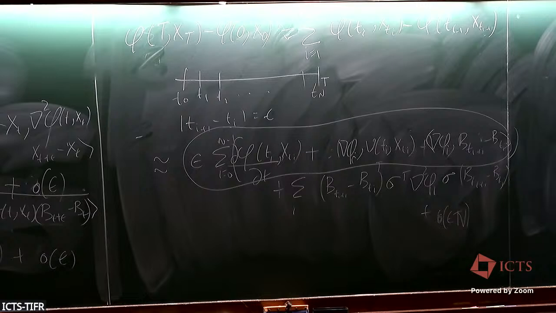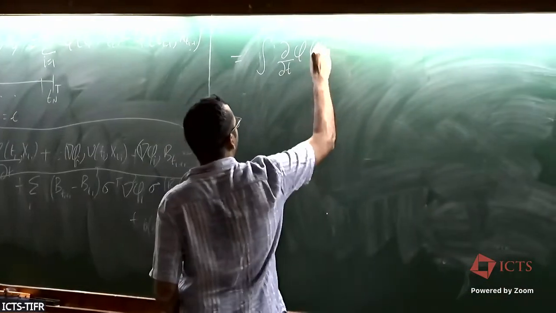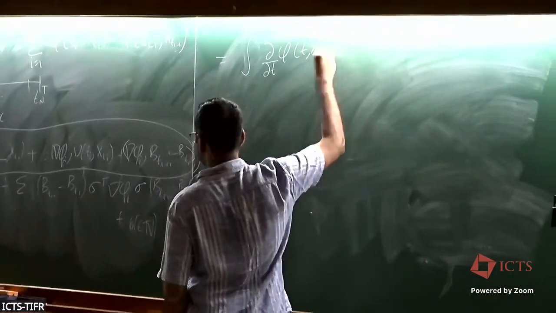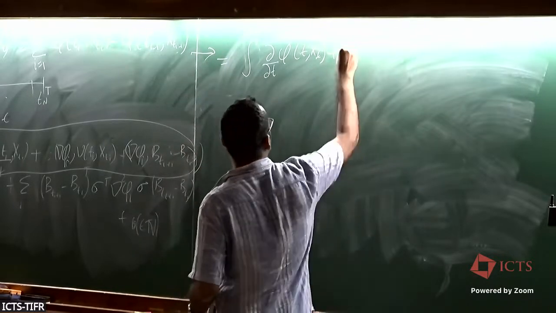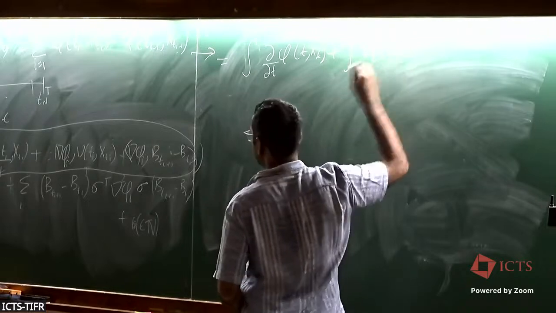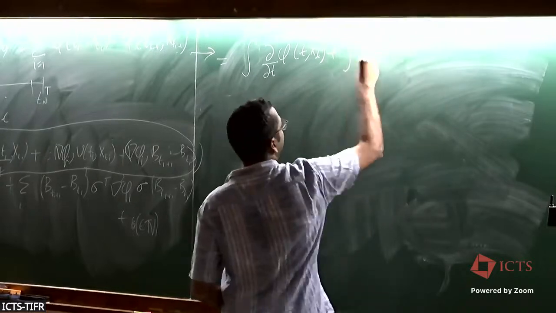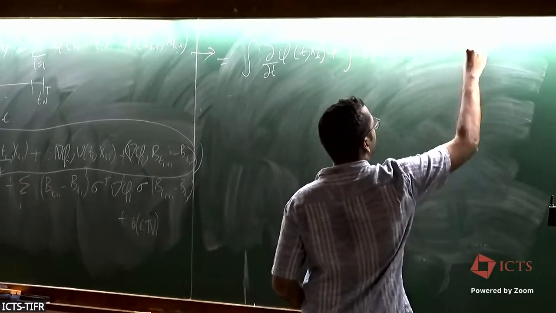Okay, so this part can be written as an integral as epsilon tends to 0. We can have a rigorous argument later, but this converges to the integral of the partial derivative with respect to t of phi of (t, X_t), plus the integral of grad phi of (t, X_t) times v of (t, X_t) dt.